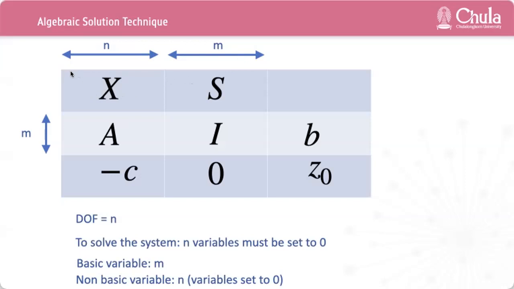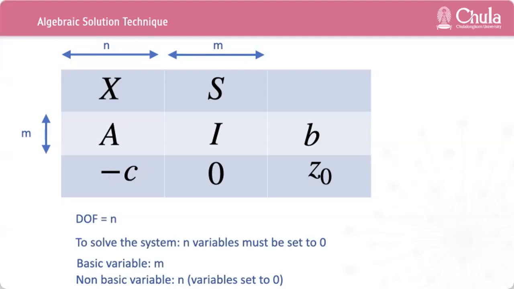We write down in a table the vector of our decision variables, and then the slack variables, then our A matrix, and then the identity matrix corresponding to the slack variables, and then the vector b, the right-hand side of the constraints. And down here we write the negative of the coefficients of the objective function, because we target minimizing.